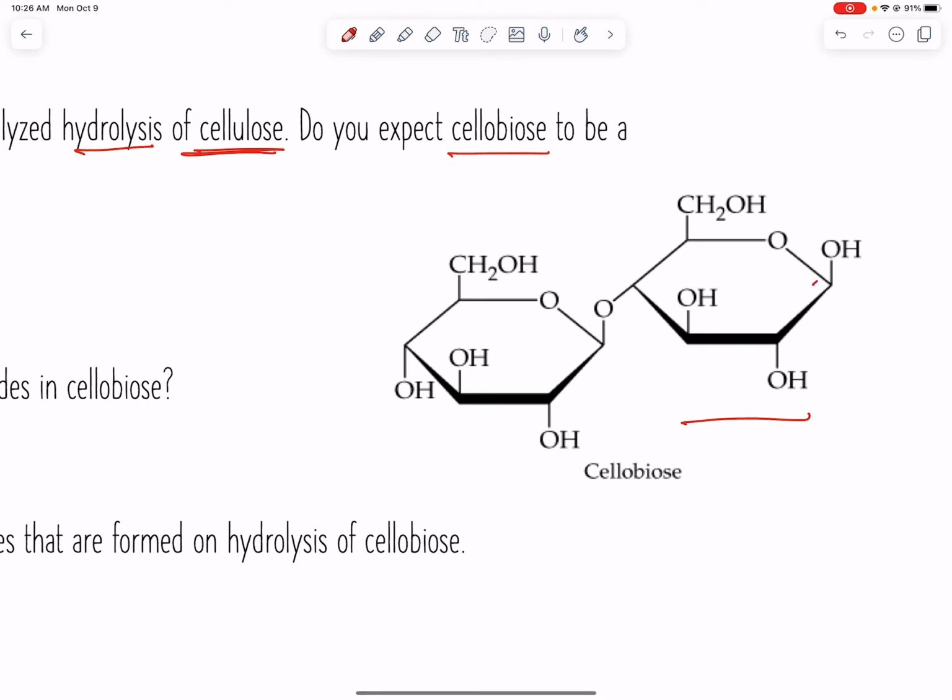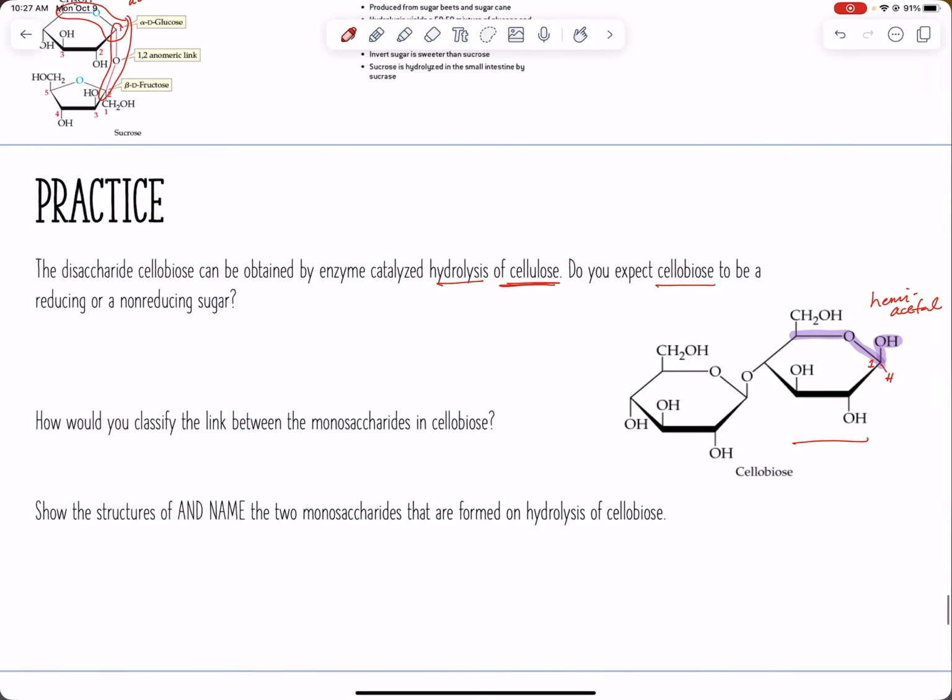We want to look at carbon 1 here, and we say, is this carbon a hemiacetal or an acetal? I see the ether bond, and I see the OH, and then obviously to be an acetal or hemiacetal, we have that hydrogen there. This is a hemiacetal. So this would definitely be a reducing sugar.